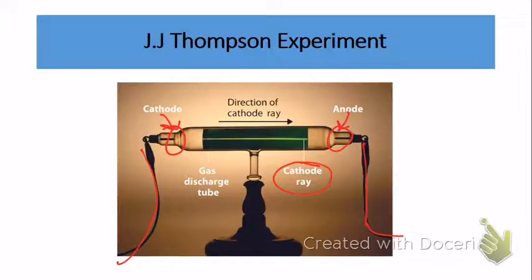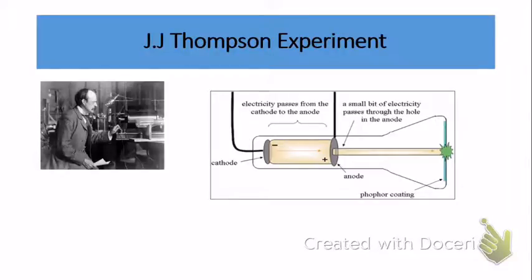He connected both the anode and the cathode ends of the tube to a battery source. He turned it on, and he indeed got the cathode ray.